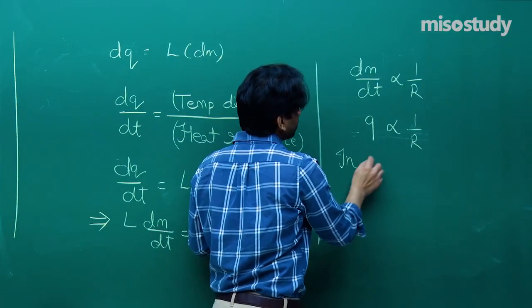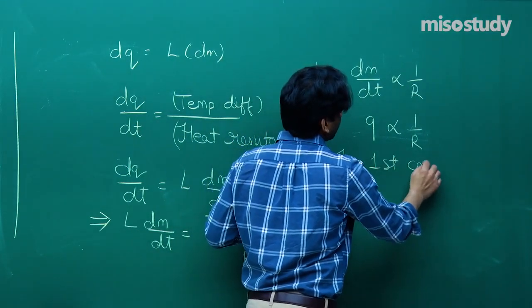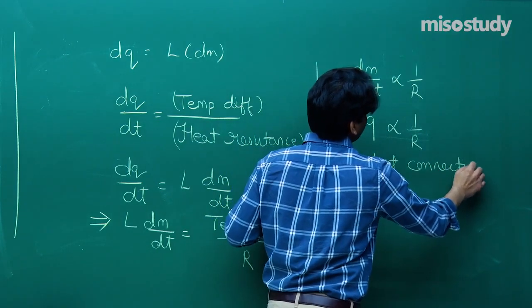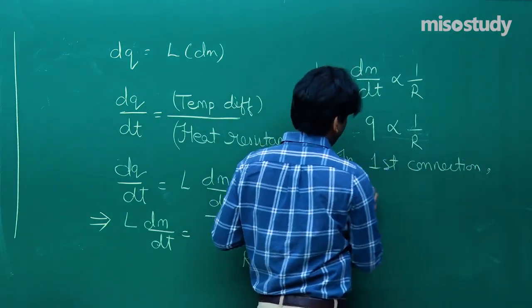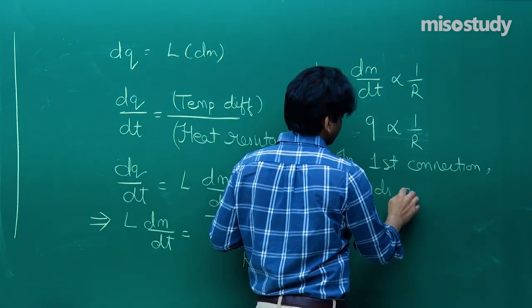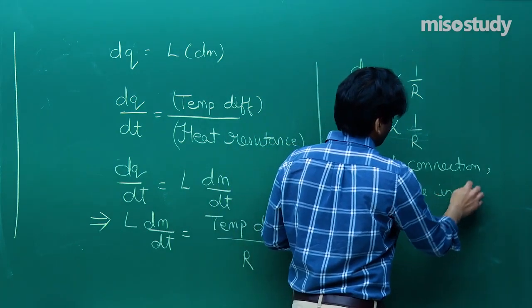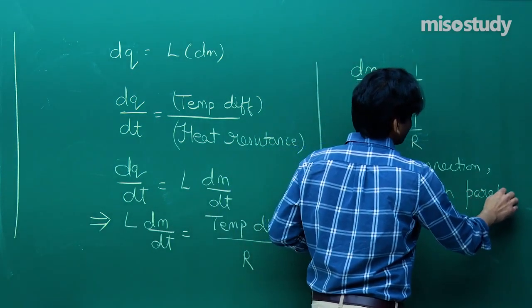So in the first connection, rods are in parallel, and in the second, they are in series.